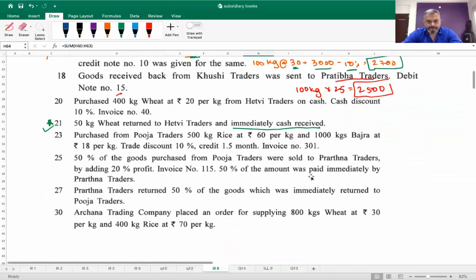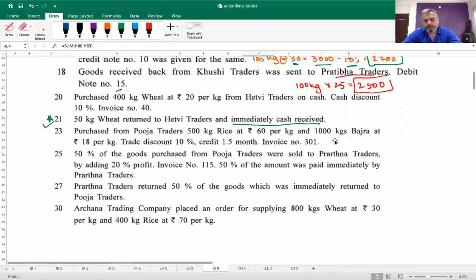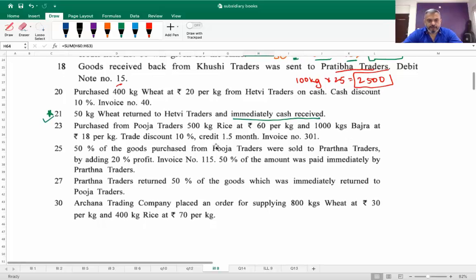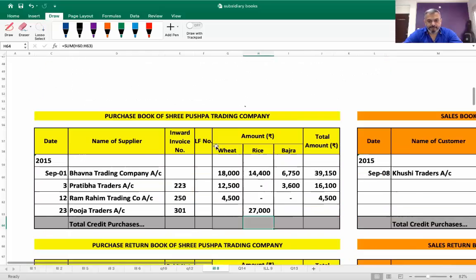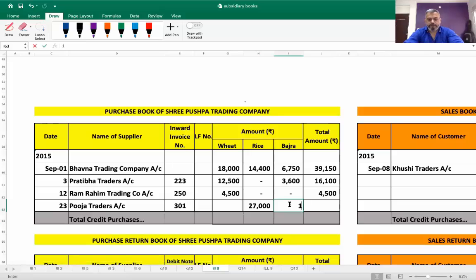Then 1000 kg bajra at 18 per kg. So 1000 into 18 is 18,000 minus 10%. So 16,200. No wheat. Total 43,200.